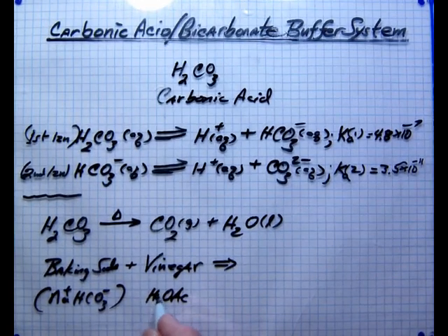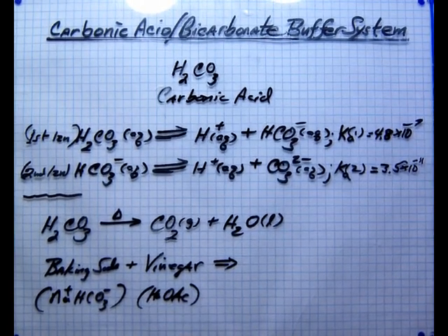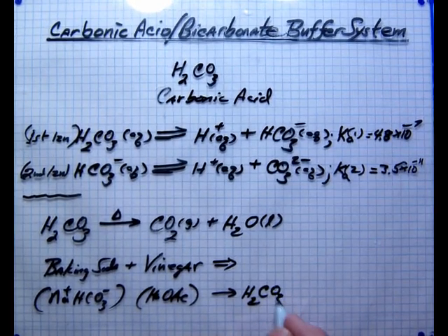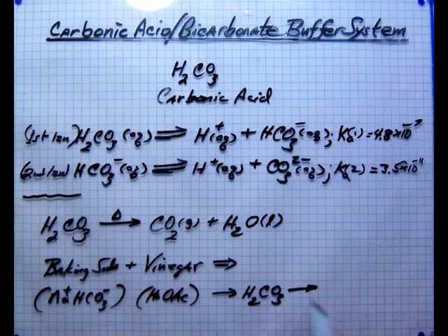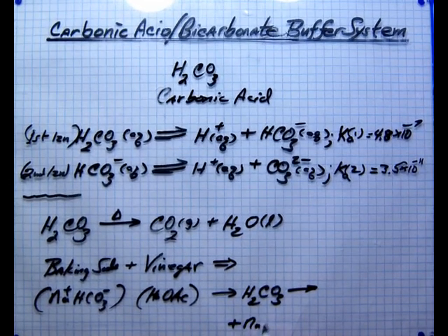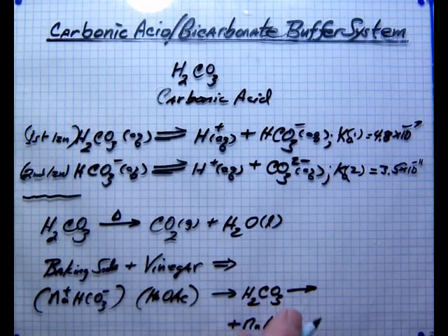This is the ionizable hydrogen here, and we will be producing carbonic acid, which continues, and of course a sodium acetate salt.